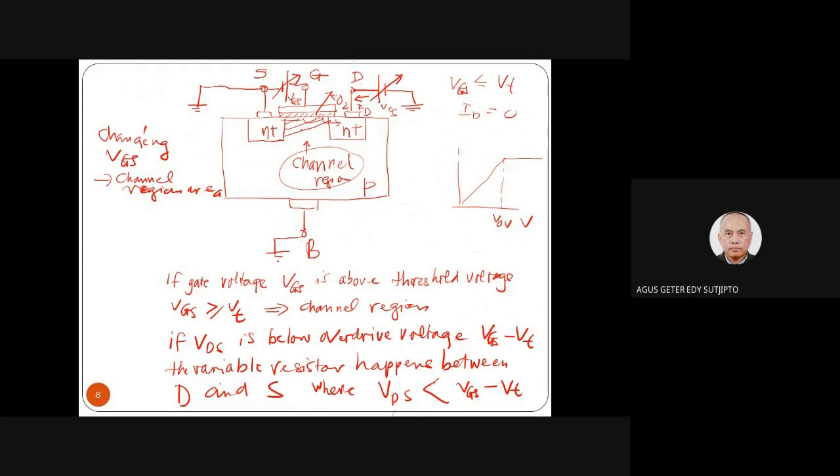The creation of the channel region therefore allows the creation of the capacitance here, which we call the oxide capacitance.